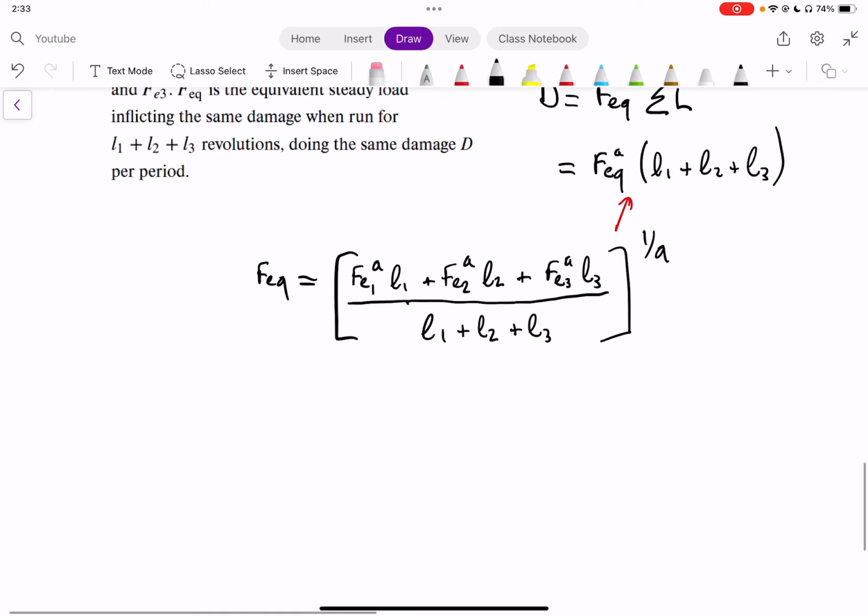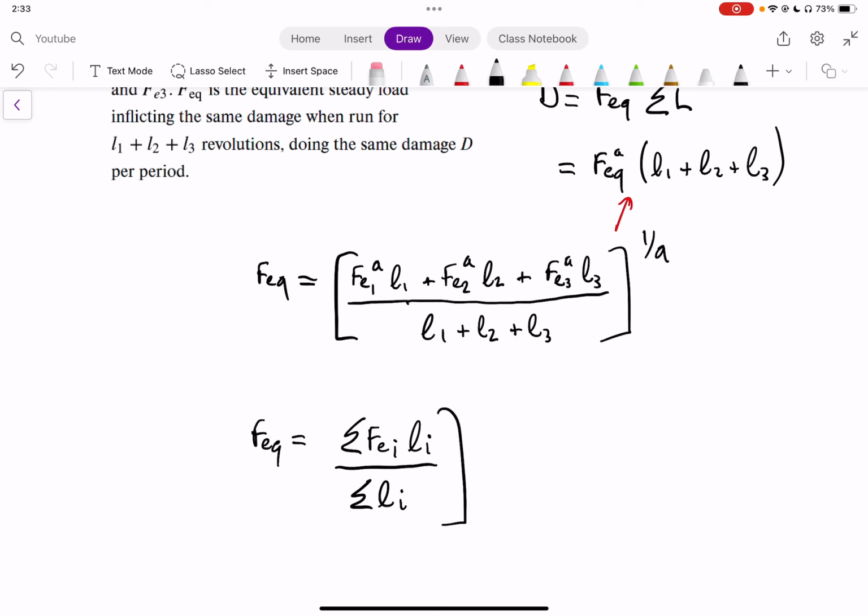And when we solve that, we can say that Feq is equal to the top part, which is the sum of Fei to the power of A times Li. And at the bottom, if we look at it carefully, the bottom is the sum of Li, okay?